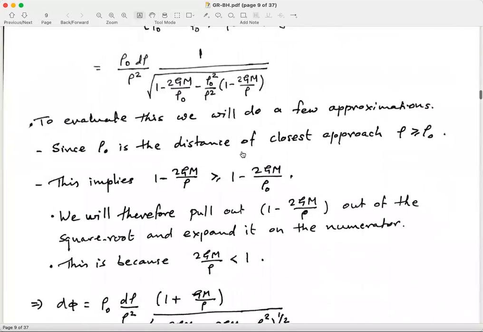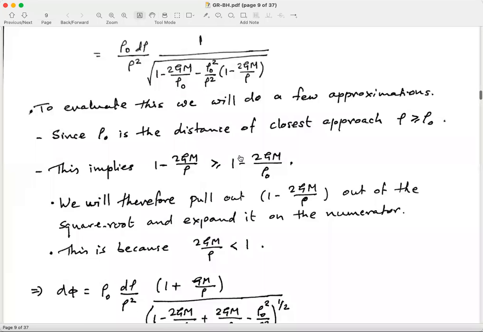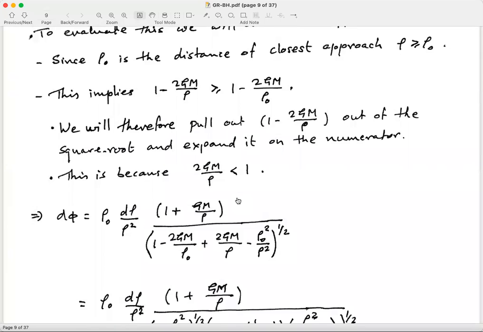So we'll pull out this factor, which is a bigger number, and take the other piece and expand. We'll expand the square root. Just a second.